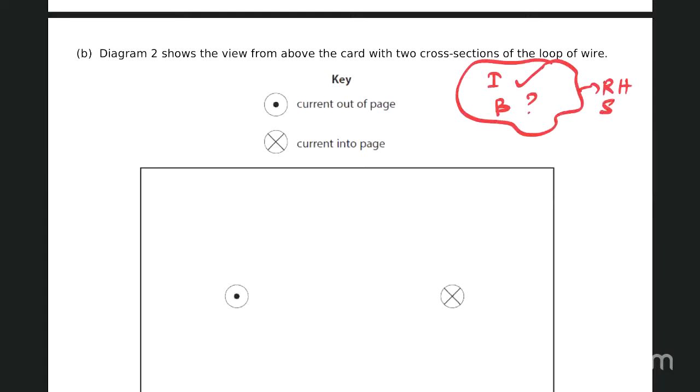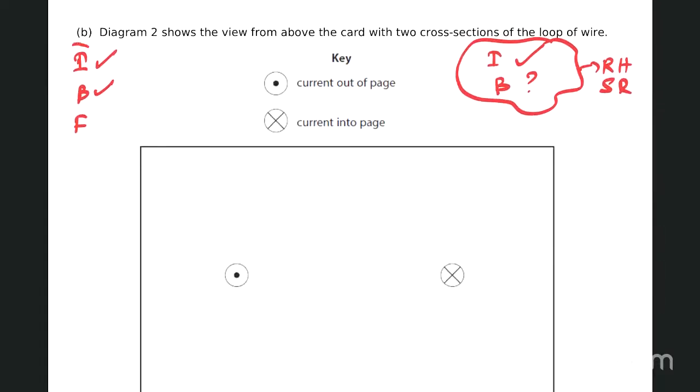Remember, if it is current, the magnetic field direction, and any sort of a movement pattern or a direction, we'll go through those questions as well. So if they are dealing with three factors, then we are using Fleming's left hand rule. Okay, so remember that point. In this case, we are only dealing with the current and magnetic field direction. So therefore, we are using the right hand swirl rule.